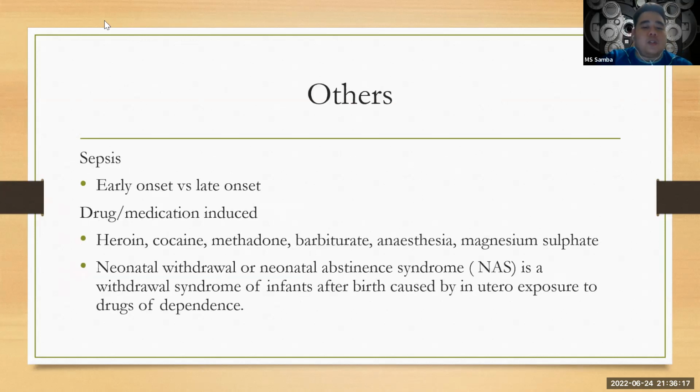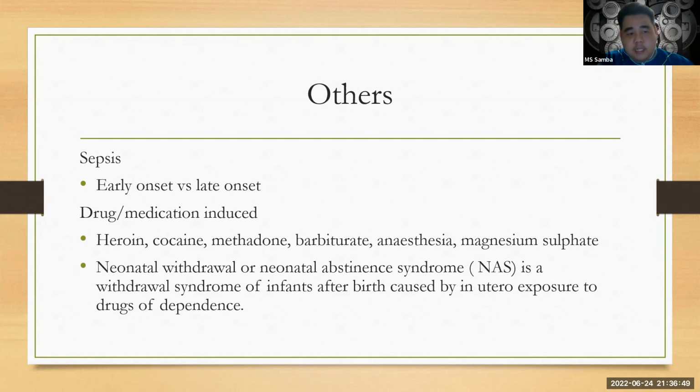Aside from that, sepsis and drug or medication induced can also lead to a child being born inactive. Sepsis can be local or systemic. Usually it's systemic, and it is more prone to happen in a child born premature. According to studies, a child born premature has around 6 times more risk of congenital sepsis.